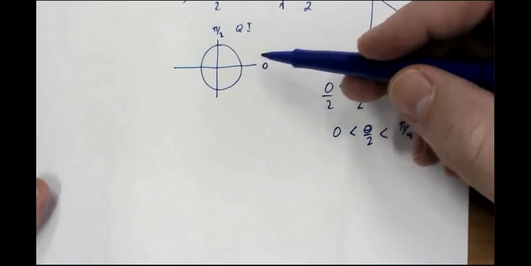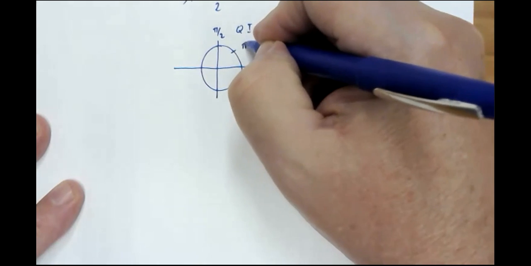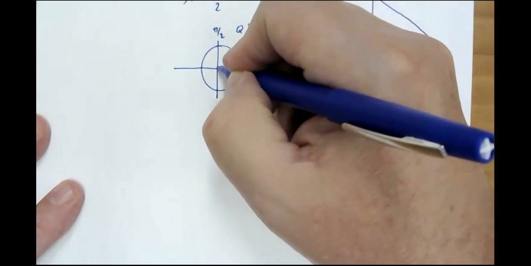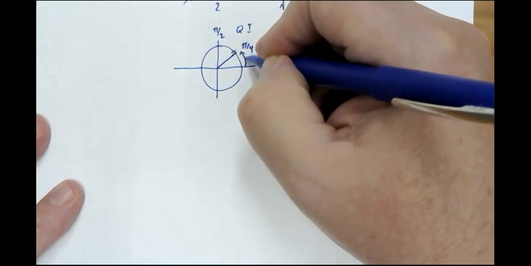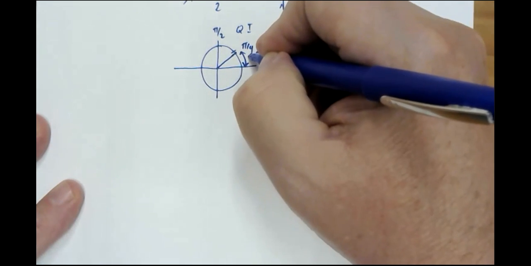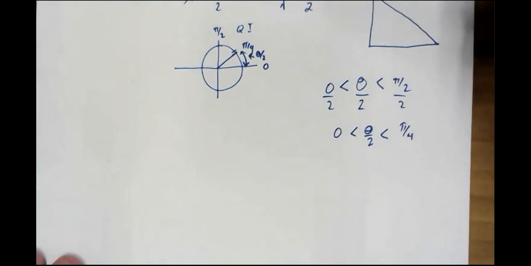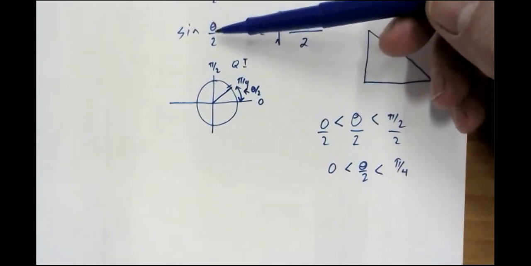If I were to go look on my circle, 0's here, pi over 4 is here. So I know the half angle has to be somewhere in there. Now I'm looking at the sine of the half angle.